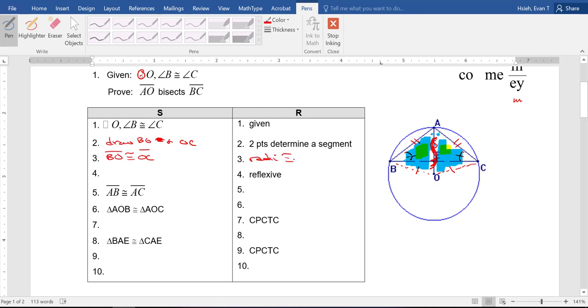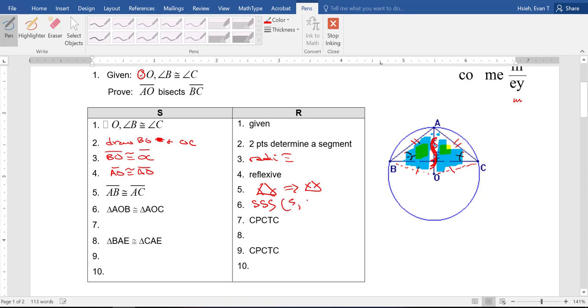And then by reflexive property, I know that AO is congruent to itself, because remember, we're trying to prove the big triangle is congruent. And I know that AB is congruent to AC because if angles, then sides. And then the triangles are congruent by SSS.